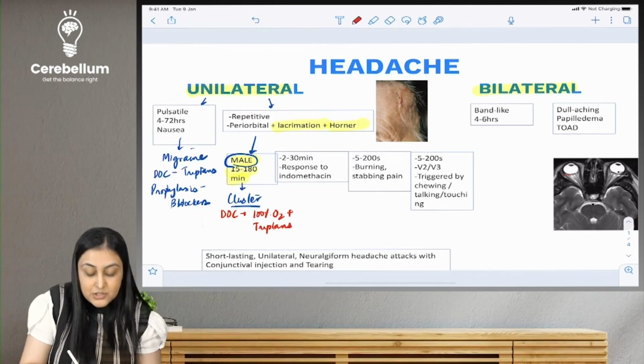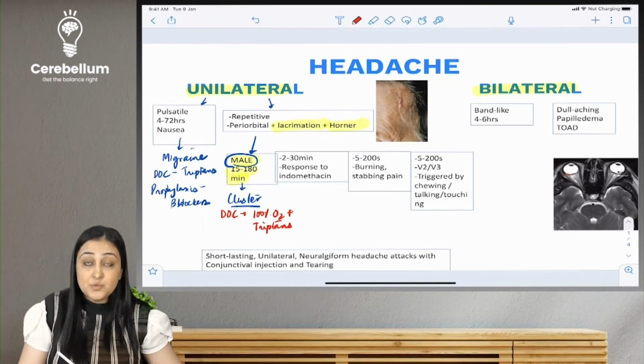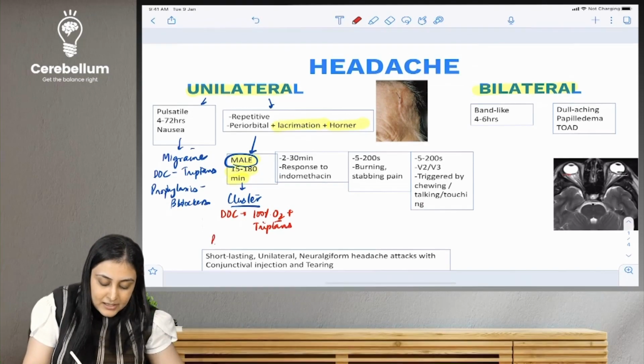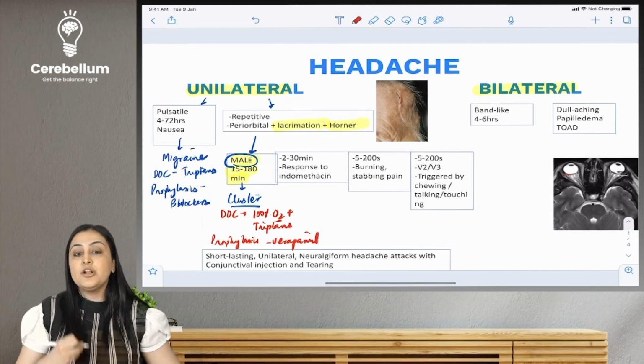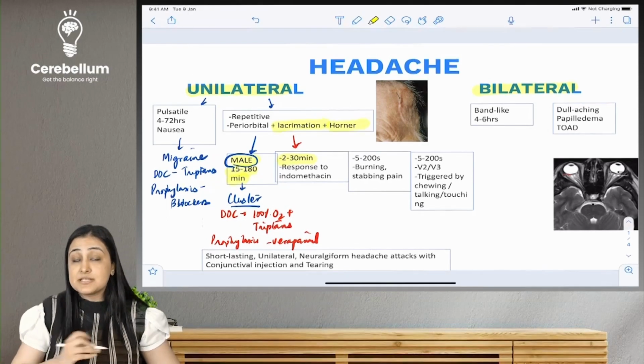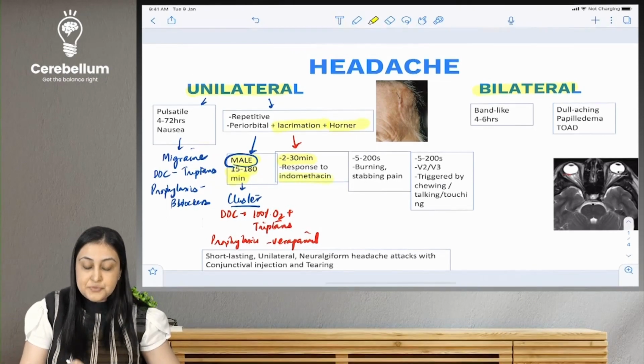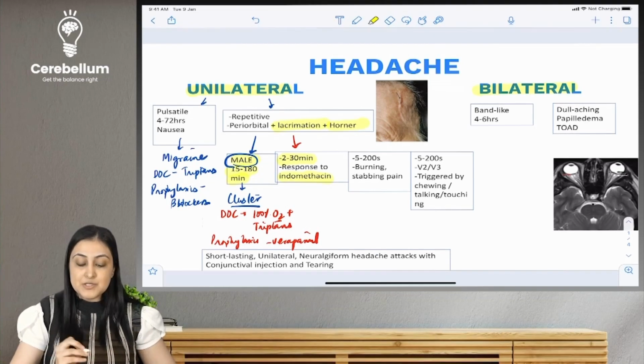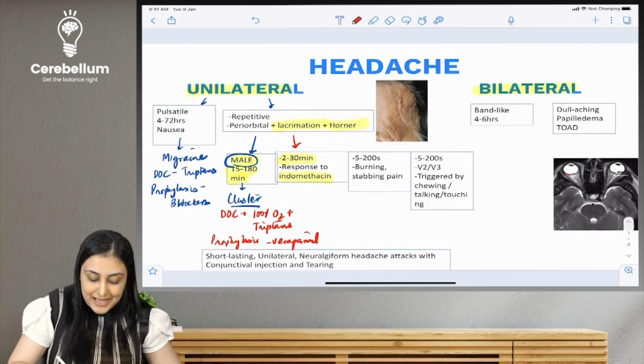This is a previous year question. So 100% oxygen with triptans to terminate the attack. If they ask you prophylaxis, that's going to be verapamil, a calcium channel blocker. If this headache around the eye lasts 2 to 30 minutes, a shorter duration, and it responds to indomethacin, this is a buzzword, a slightly extra edge from Harrison's.